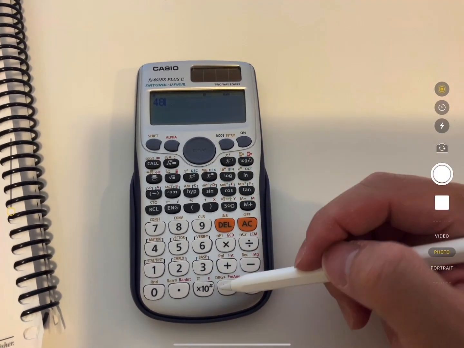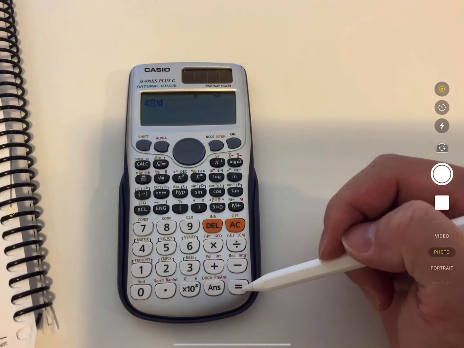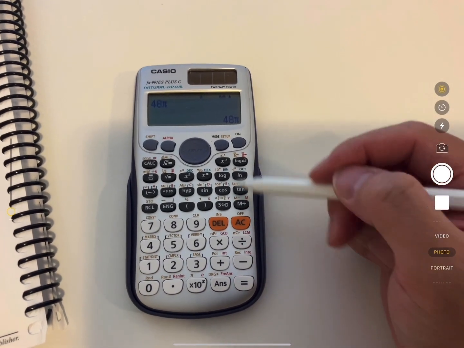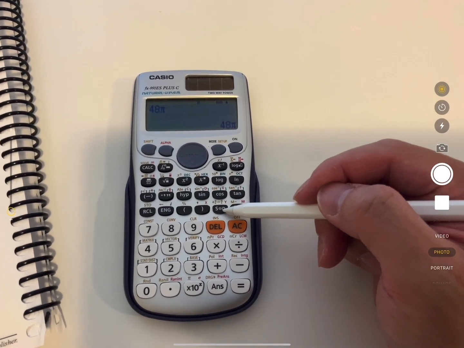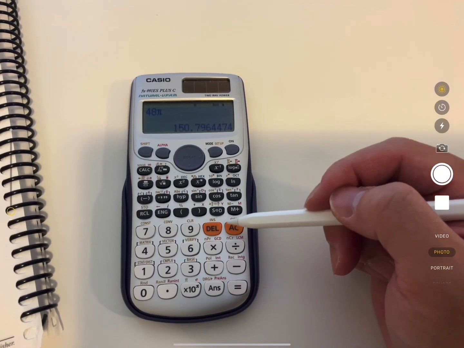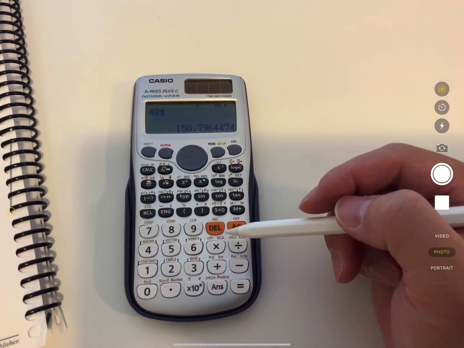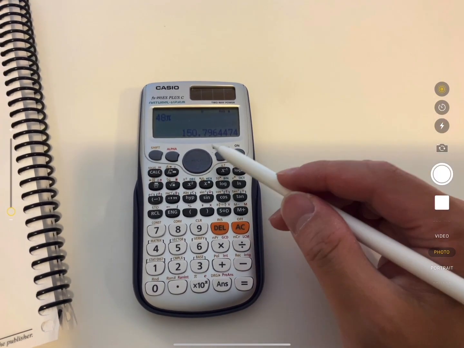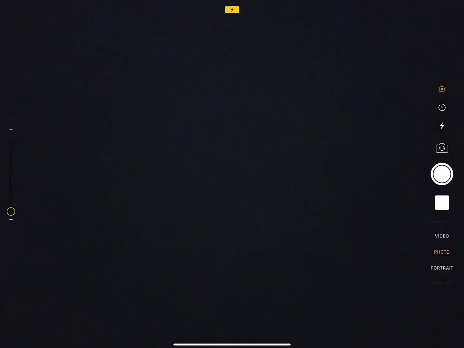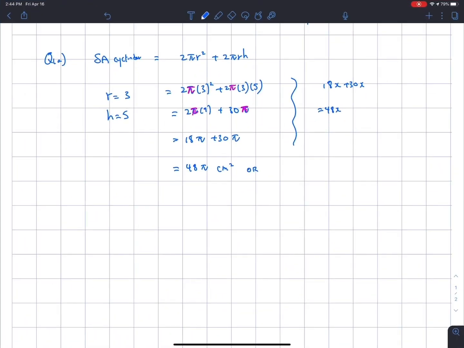So you will go shift and then press that to get to the pi button. So that's 48 pi, and then you can press this S to D button to change into decimals. So your answer is 150.80 if you round it to 2 decimal places, and this is in centimeter squared. Okay, so that's question 1.